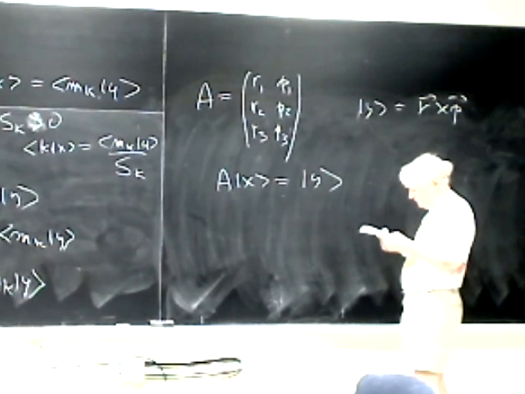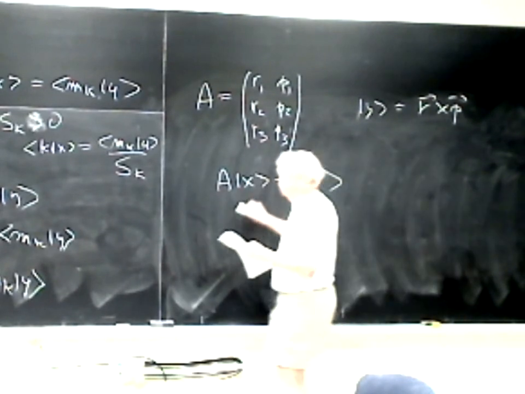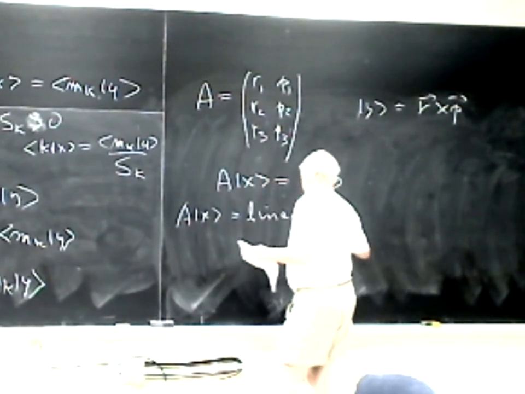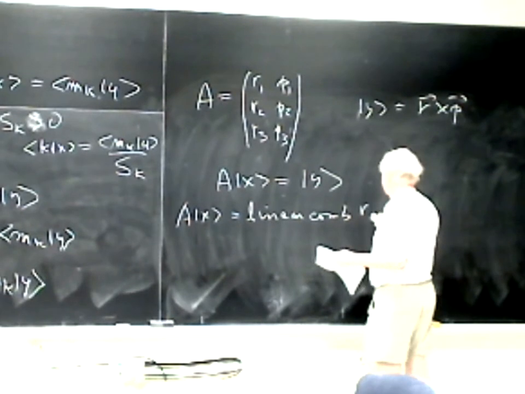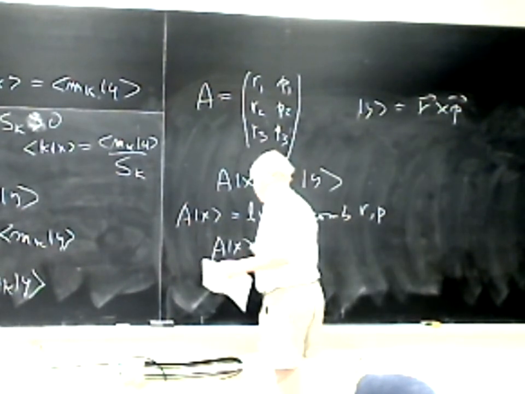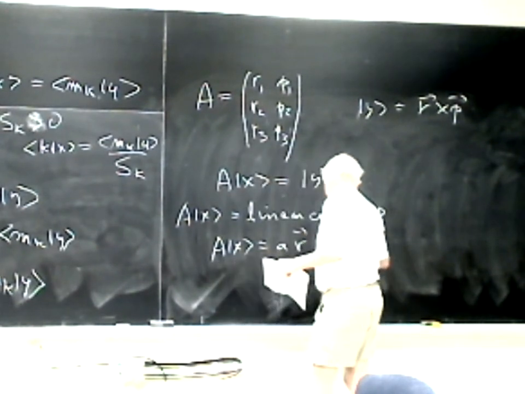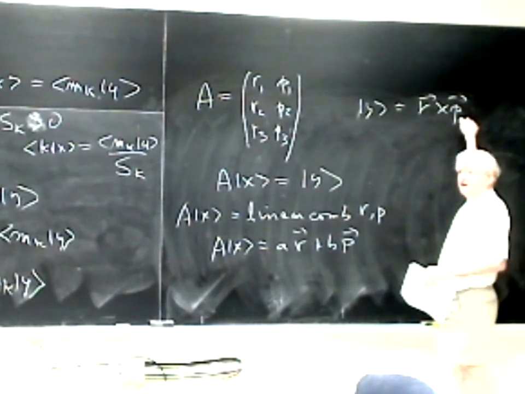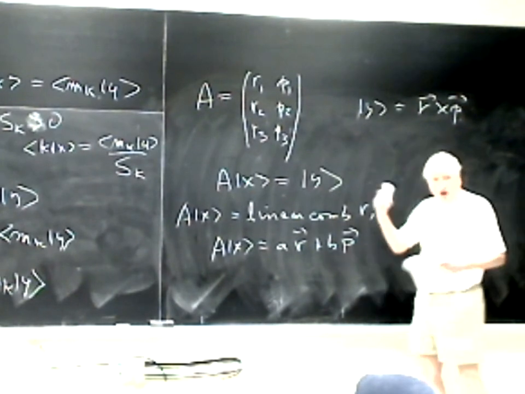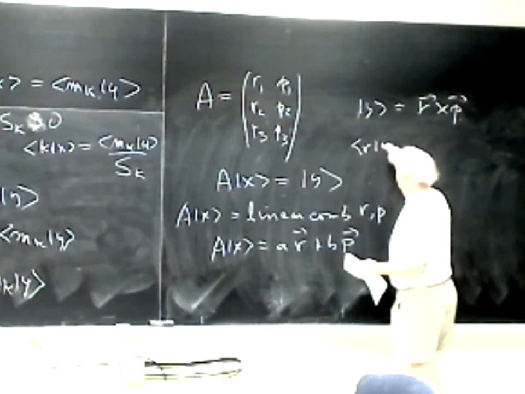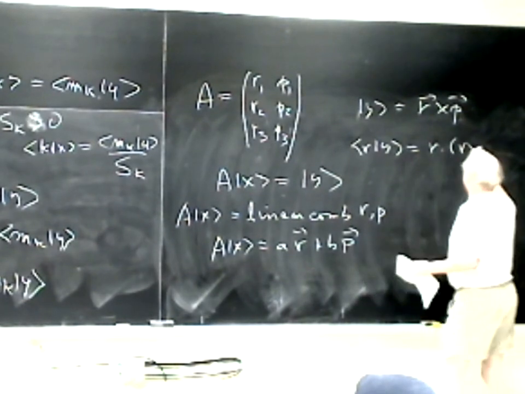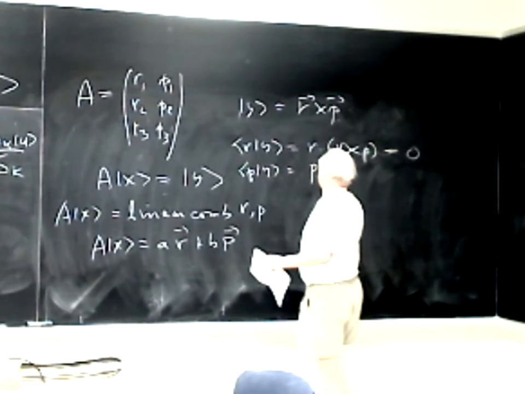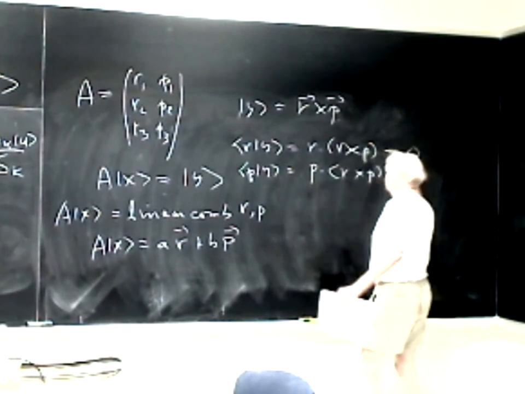because AX here is a linear combination of R and P. So AX is some a R plus b P, whereas R cross P is a vector that's perpendicular to R and perpendicular to P. So R dot R cross P is 0, and P dot R cross P is 0.